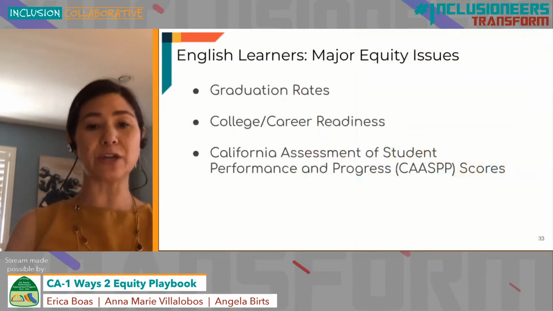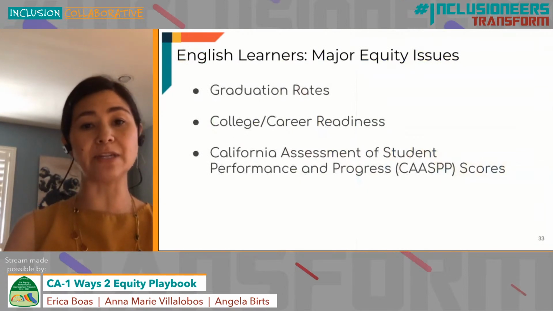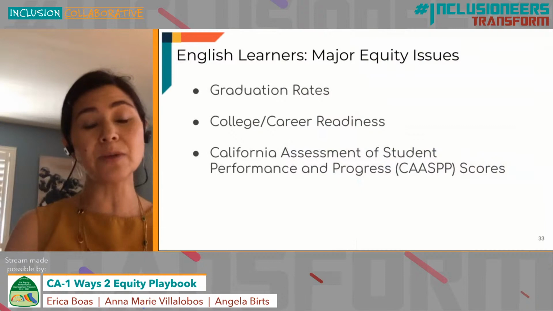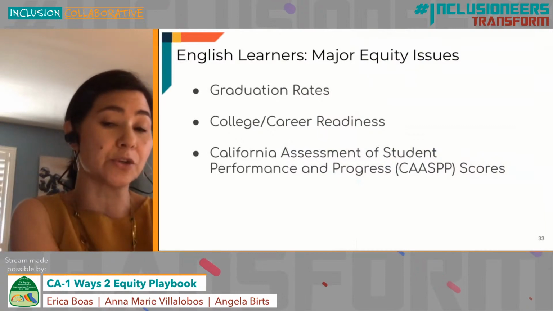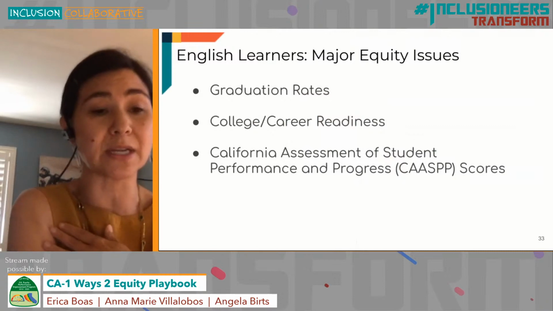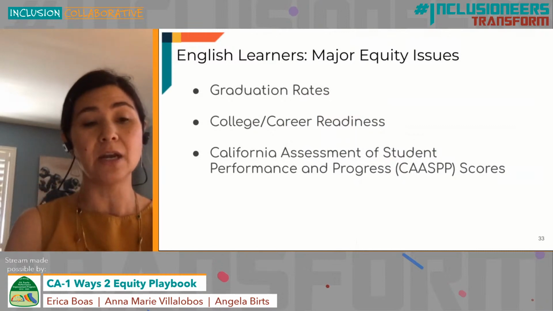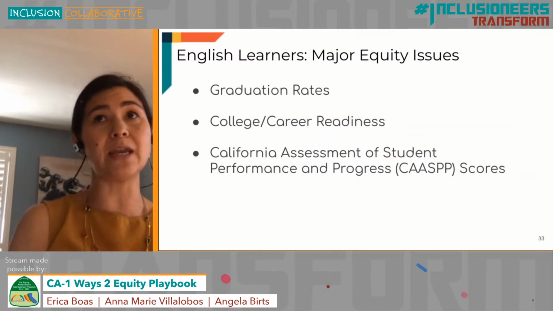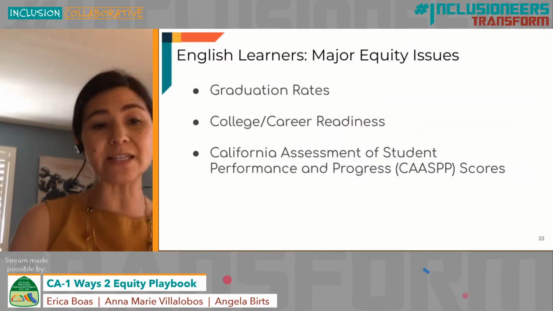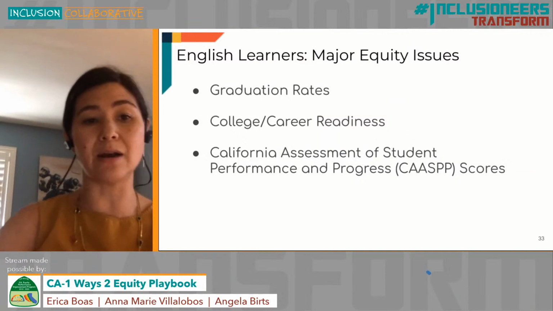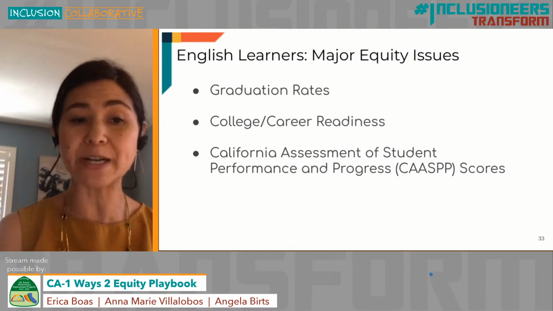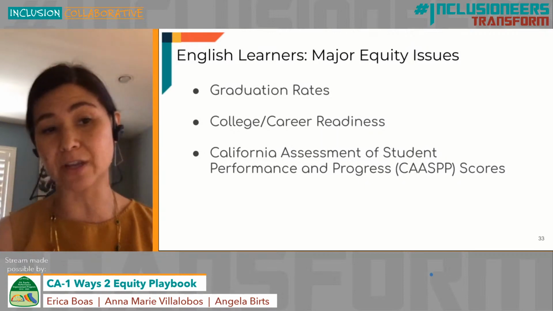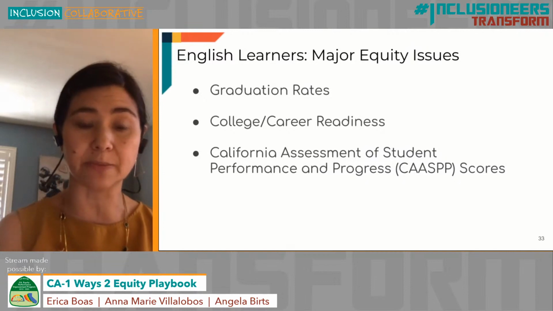So some of the major equity issues surrounding English learners really have to do with academic outcomes. If we count graduation rates and college career readiness as academic outcomes, then we can understand that English learners may not be facing the disproportional suspension rates that, for example, African American students or students with disabilities do.